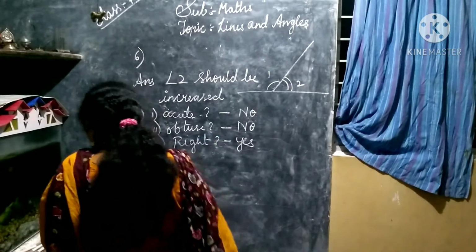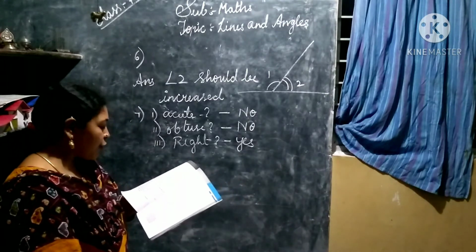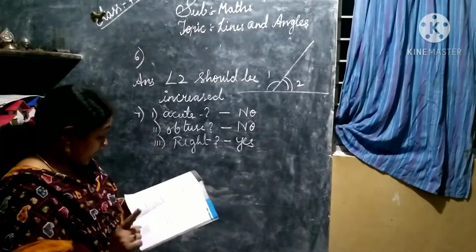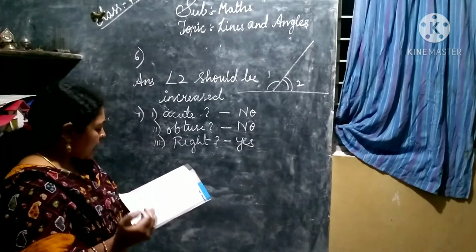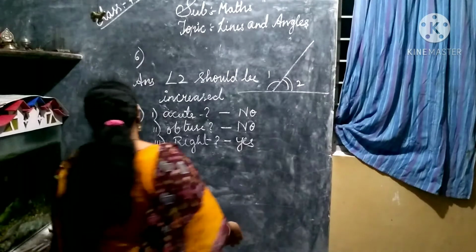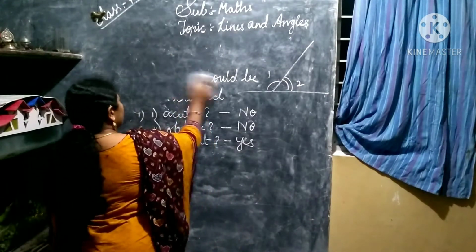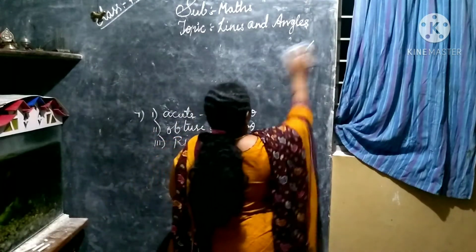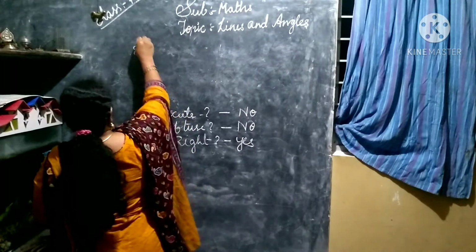Now look at the 8th one. An angle is greater than 45 degrees. Is its complementary angle greater than 45 degrees? So here the question says, if one angle is more than 45 degrees, we are supposed to find the complementary angle.